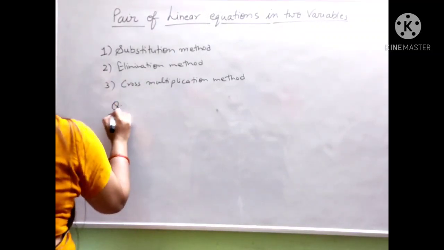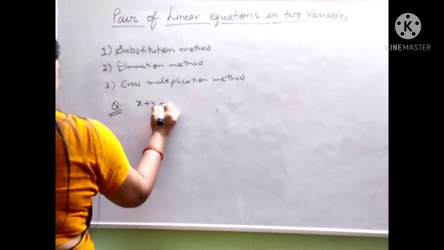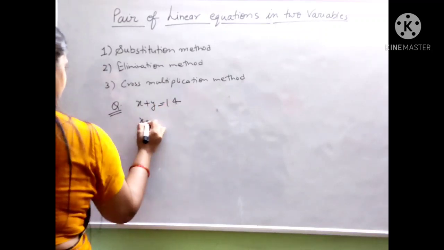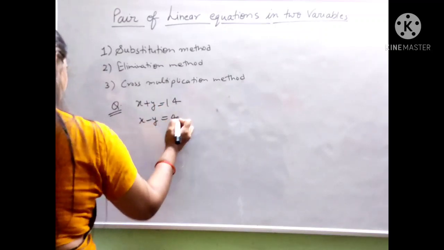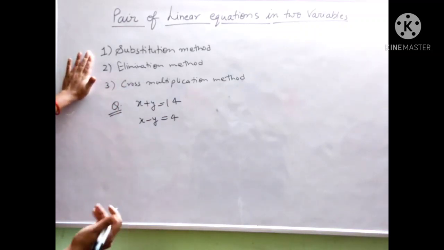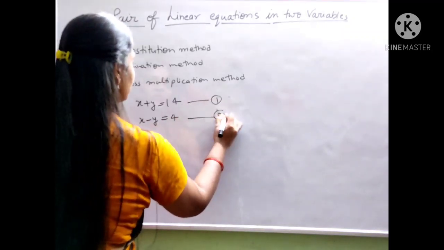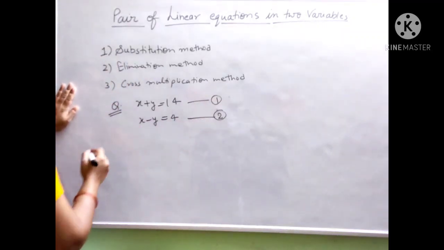So we have given two linear equations, x plus y is equal to 14 and x minus y is equal to 4. So these are the two linear equations which we have given, and we have to find the value of x and y by using the substitution method. So let us consider it as equation 1 and it will be equation 2.